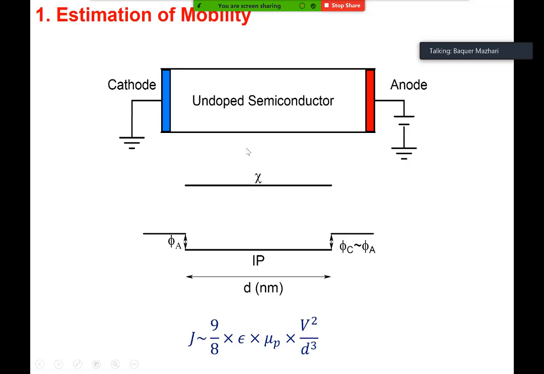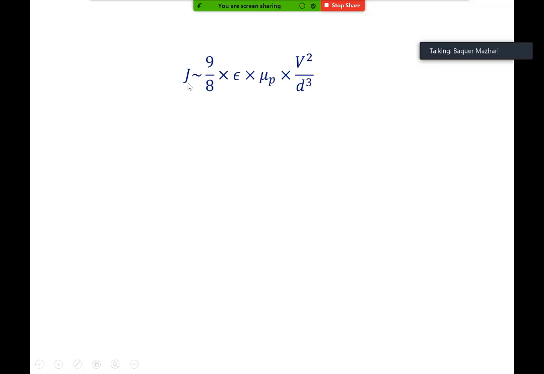The only problem is that most semiconductors that we encounter do not have a constant mobility. So let's take this expression and make it a little bit more accurate, where we take a common Poole-Frenkel kind of mobility model.